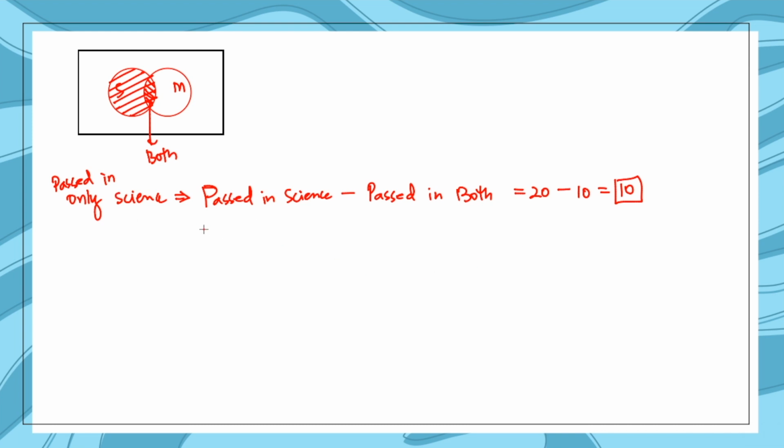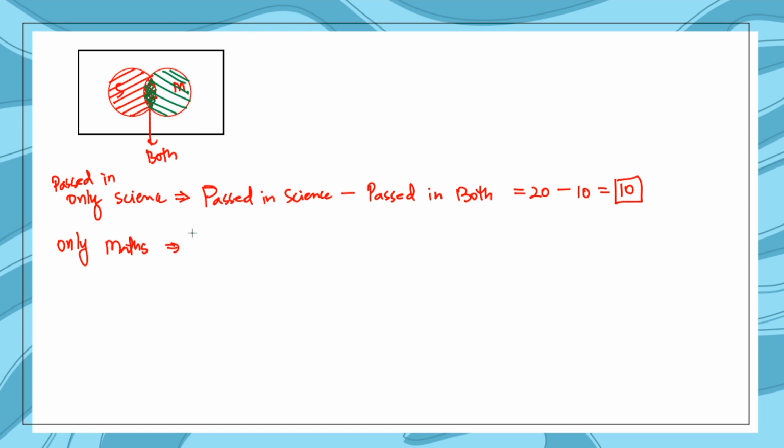Okay. Similarly, you can find out how many students have passed only in maths. Again, for that, I'll change the color to show you. These are the students who have passed in mathematics, right? This whole circle is telling you about the students who have passed in mathematics, whereas this region is for both.